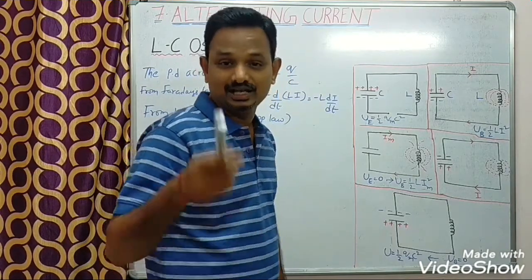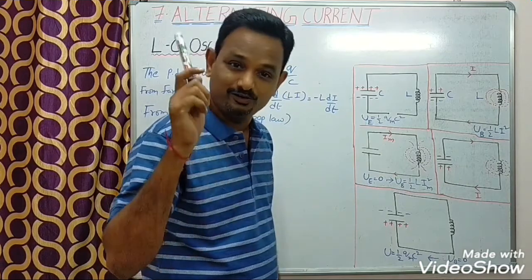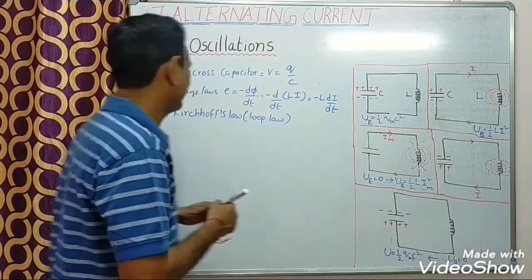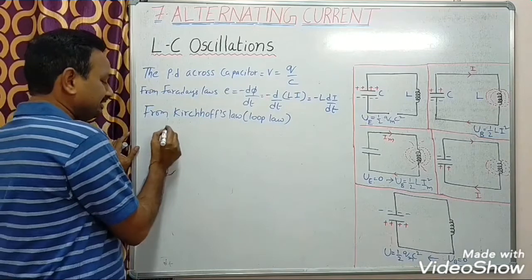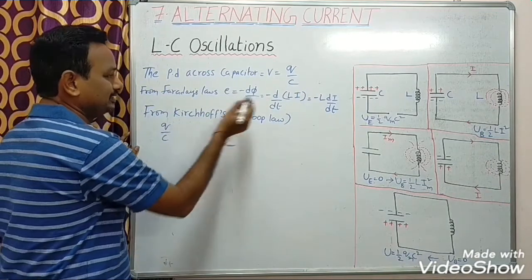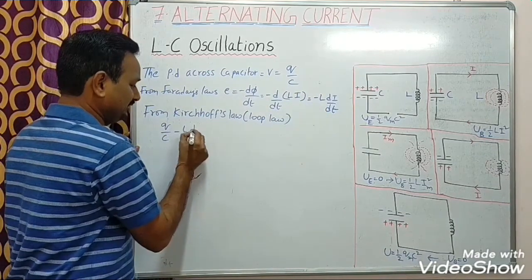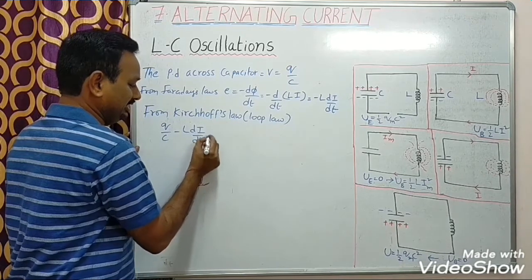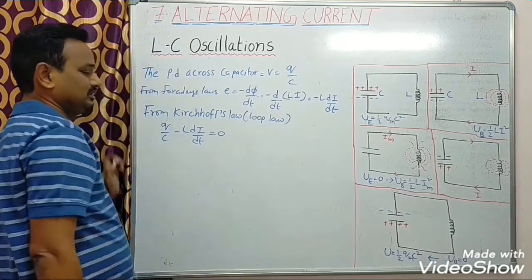Again I am repeating, the algebraic sum of the potential drops around a closed loop is zero. So I can write Q by C minus L into di by dt is equal to 0.